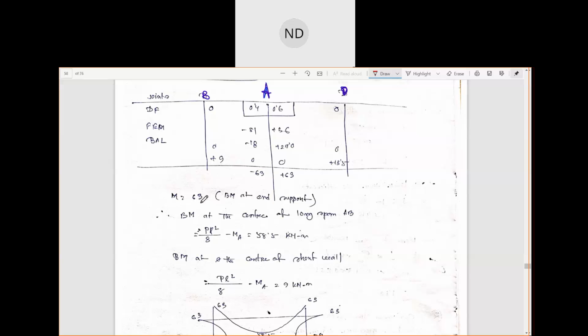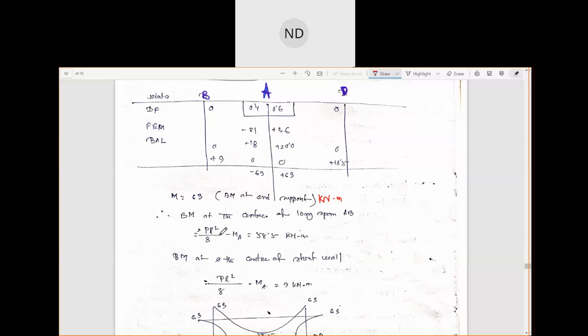63 kilonewton meter. Now at the center of long span AB, what is our bending moment?